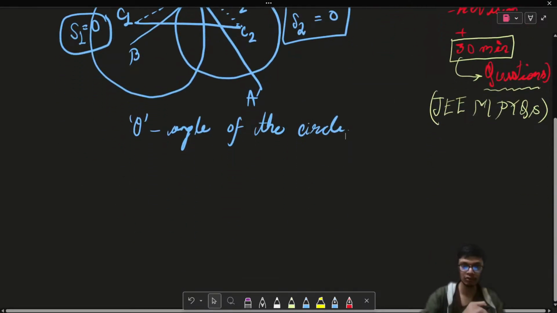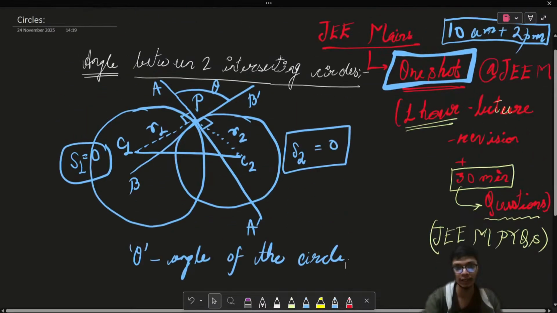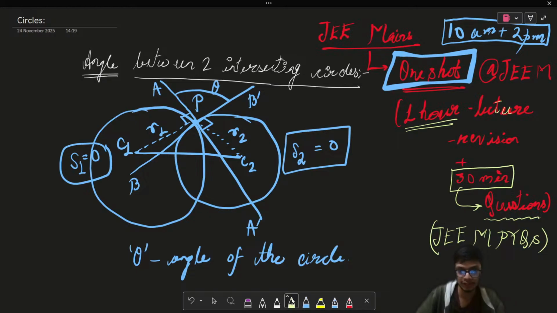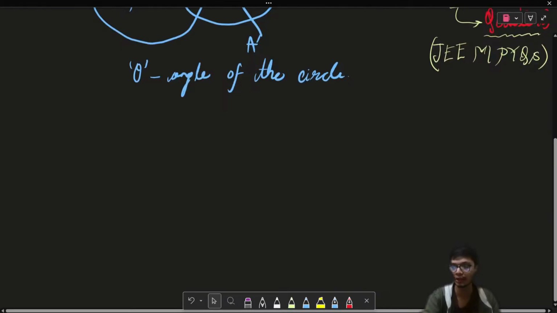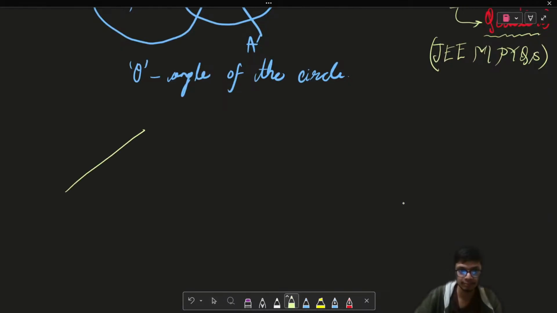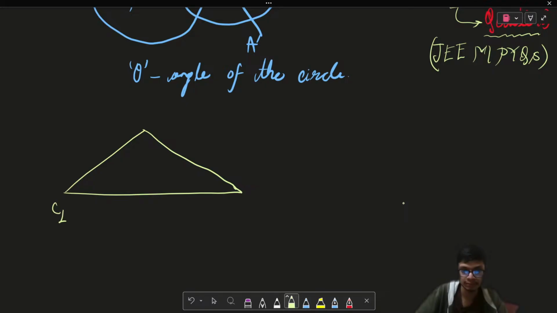If I come back to this triangle, you can observe that there is a triangle PC1C2. In this triangle PC1C2, what you can observe carefully is that this is the length of the radius R1 and this is the length of the radius R2.